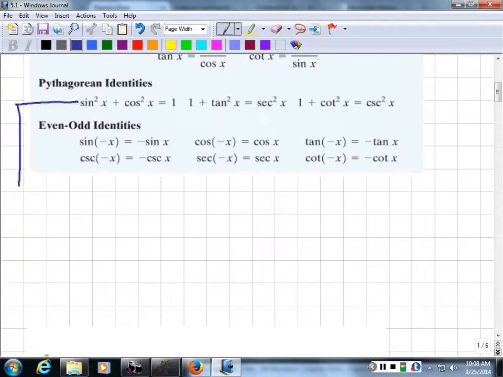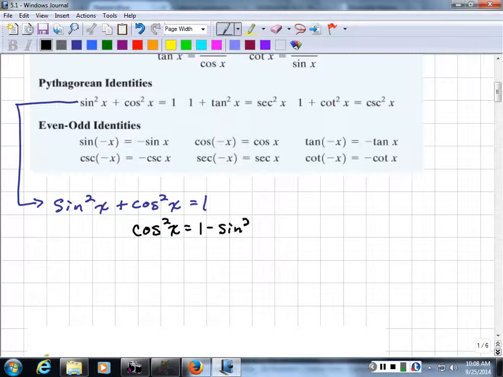This one right here, sine squared of x plus cosine squared of x is equal to 1, can be rewritten in 2 other ways. If I subtract sine squared from both sides, I get cosine squared x is equal to 1 minus sine squared x.